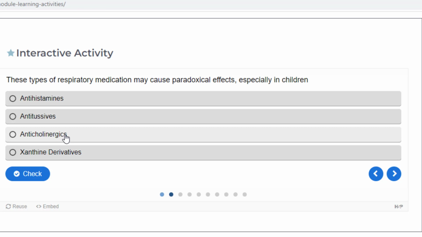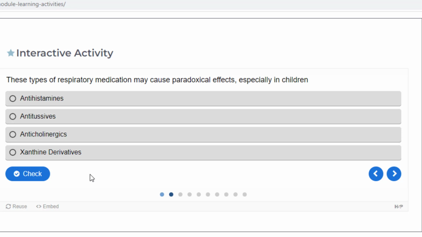Okay, it's a sympathomimetic that mimics the sympathetic nervous system. But something like ipratropium that is going to open up the lungs, but just using a different neurotransmitter, I guess is the best way to say it. Affecting acetylcholine. And then xanthine derivatives, it's easier to just give the example of theophylline.